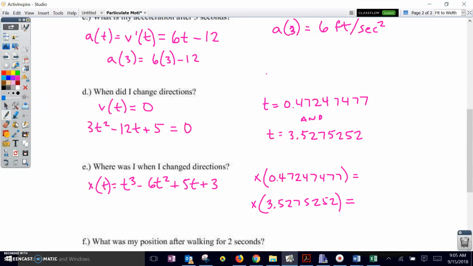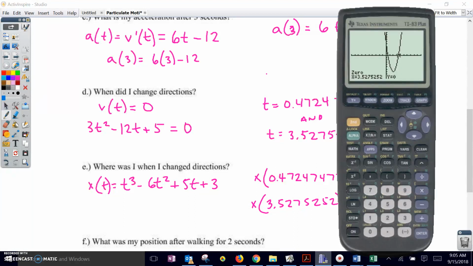The easiest way, I think, to do this is just to go ahead and now put my position function in here into my graph screen. And since both of these times are going to fit into a standard window, I'll graph. There you go. I'm going to have it make a graph there of my position.